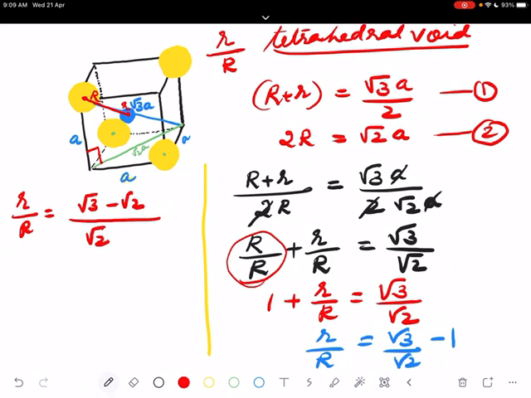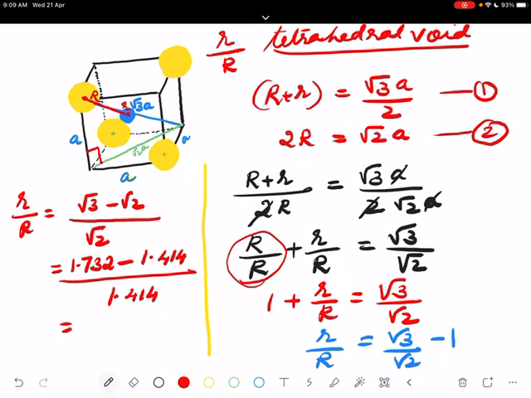Root 3 minus root 2, and you can substitute the value of root 3, that is 1.732 minus 1.414 divided by 1.414.